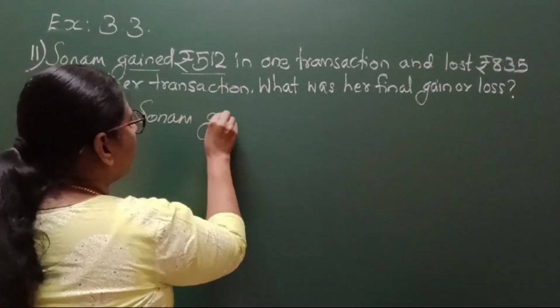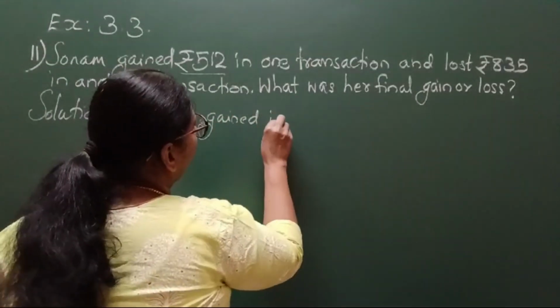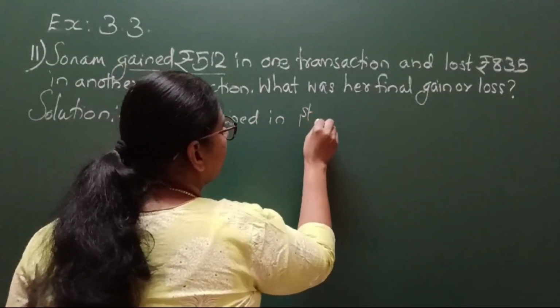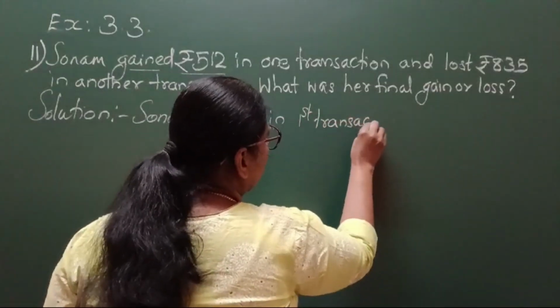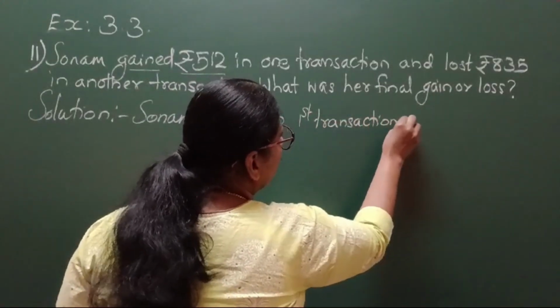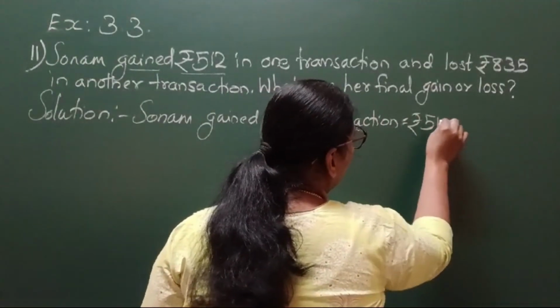Sonam gained in first transaction is equal to 512 rupees.